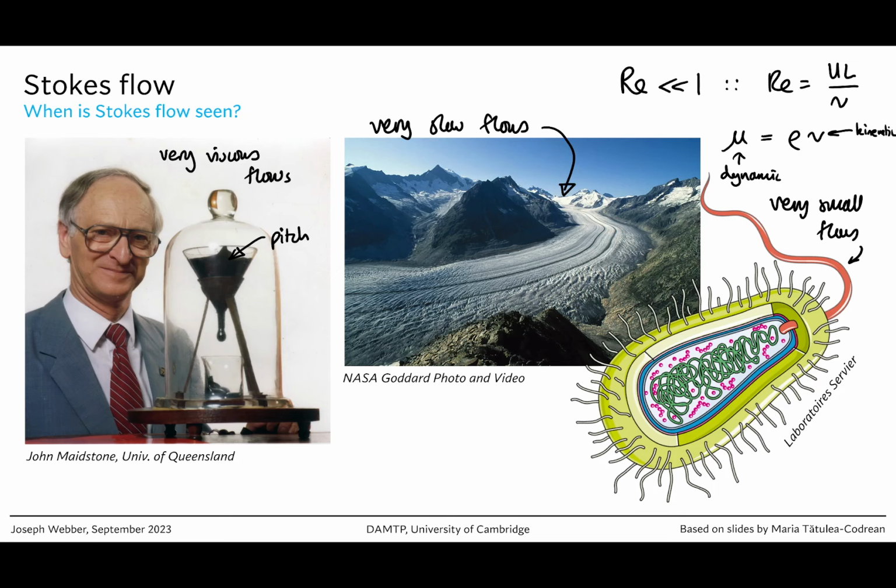So when the Reynolds number is small, that occurs either in very slow flows when U is small, very small flows when L is small, the length scale, or very viscous flows when nu is big. So how does that allow us to simplify our governing equations?